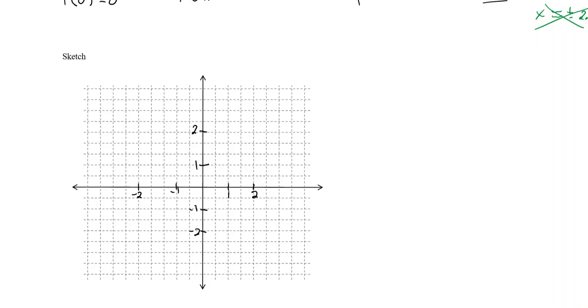Okay. Our function is going to start at negative 2, so that's next intercept. I'm going to color it in because I know that our domain actually includes that point as well. Okay, so there we go. And then at the origin, we know it's going to go through there.